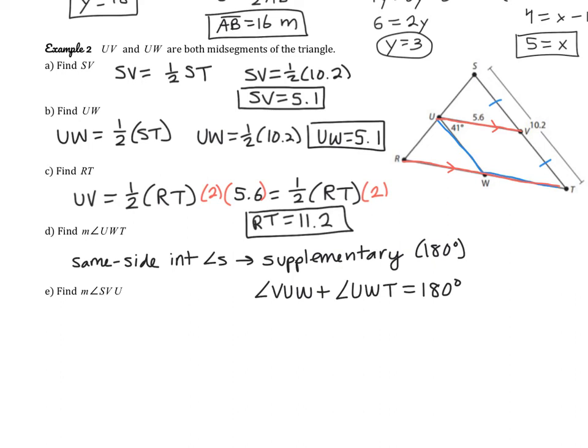We know that angle VUW is 41 degrees. So if we subtract 41 from each side, we've then found angle UWT, which is 139 degrees.